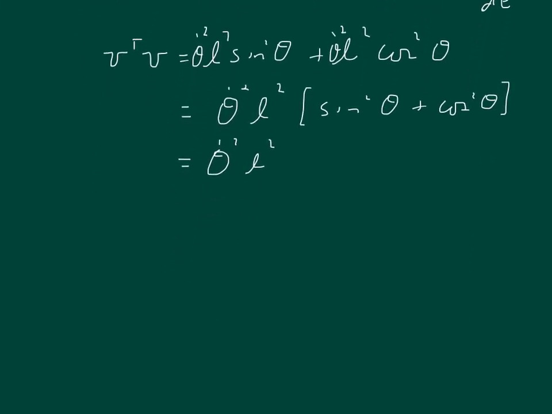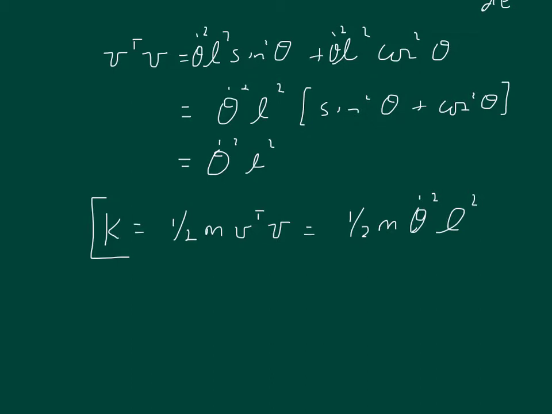So the total kinetic energy, K, which was equal to 1/2 mass velocity transpose velocity, is going to be 1/2 mass theta dot squared times L squared.